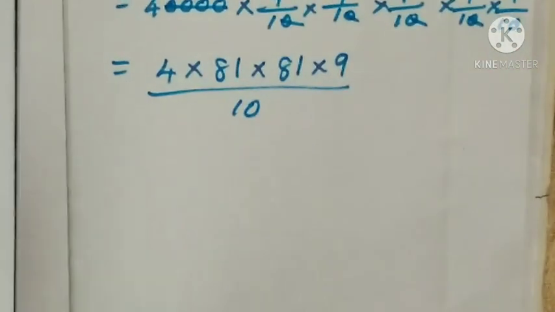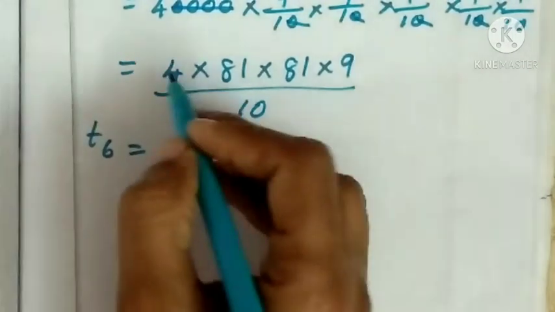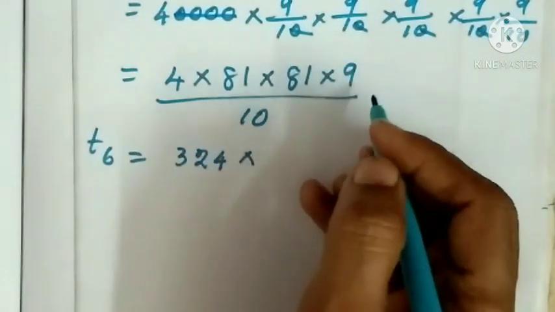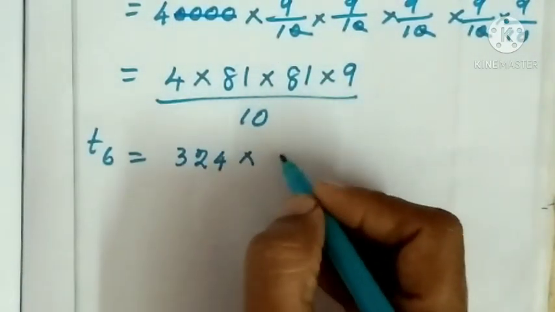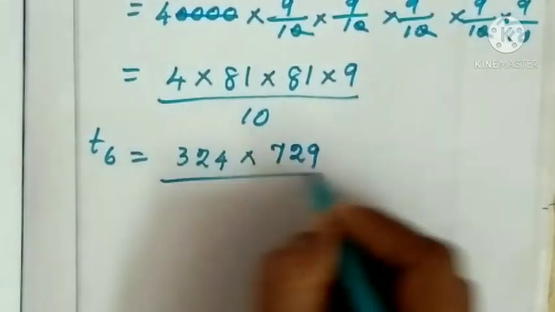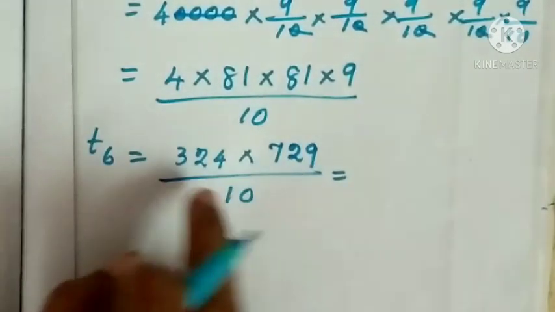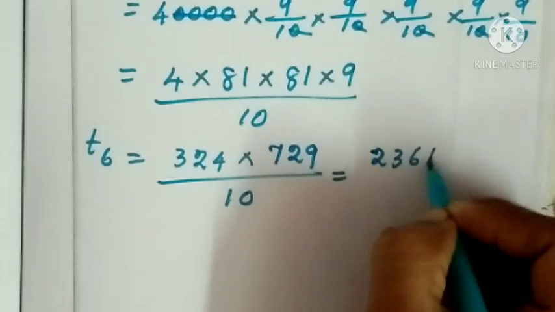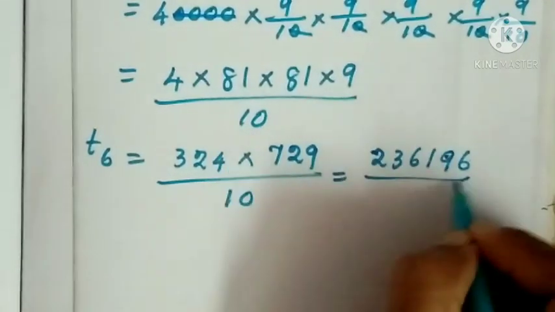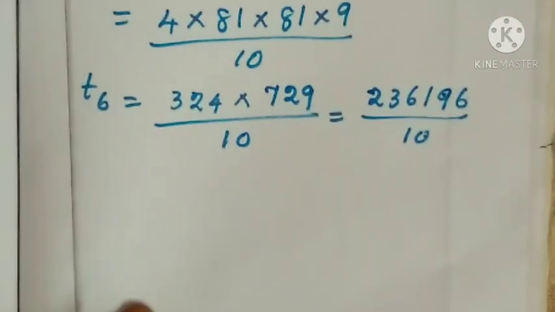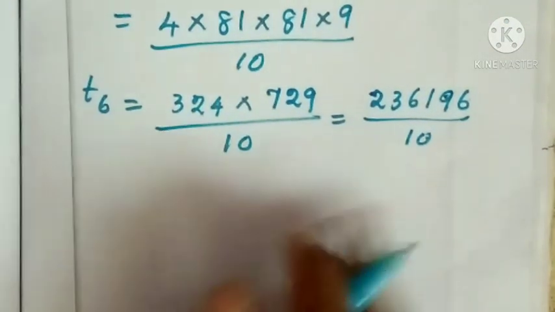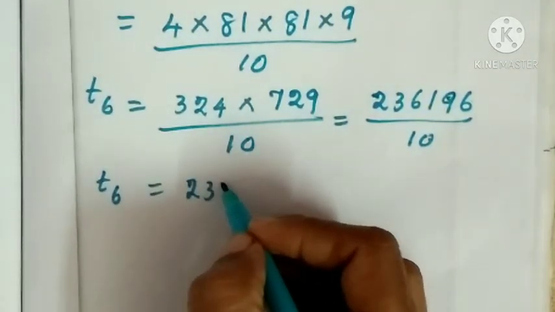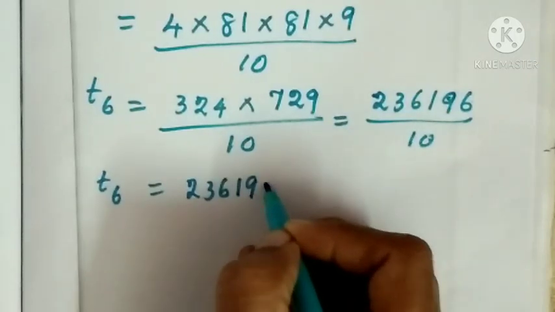Now simplify this: T6 is equal to 4 81s are 324 into 81 into 9 is 729 by 10. Now multiply this, we have 2,36,196 by 10. Again simplifying, we get T6 is equal to 23,619.6.